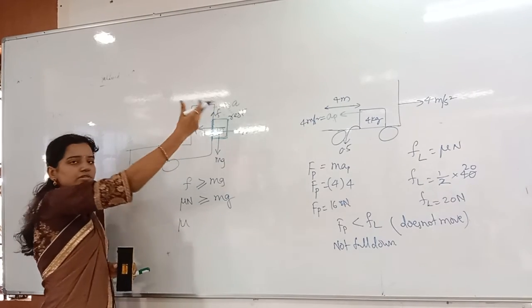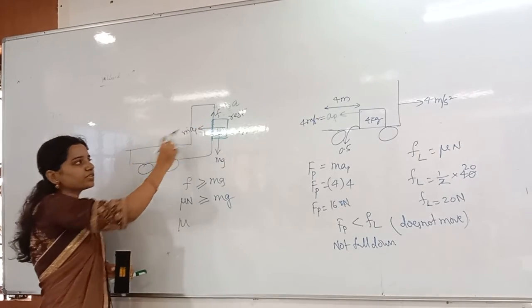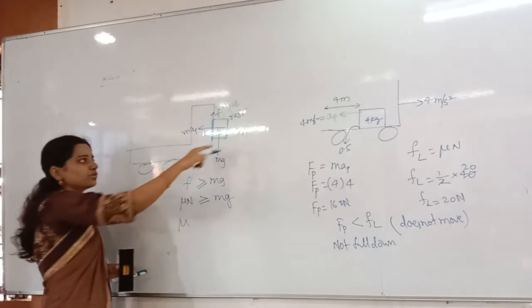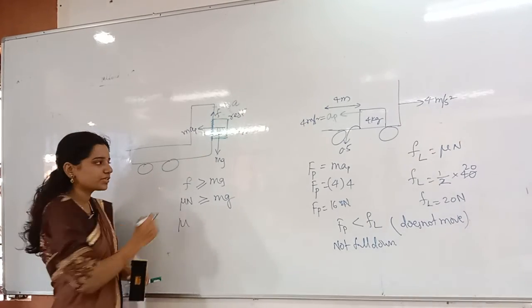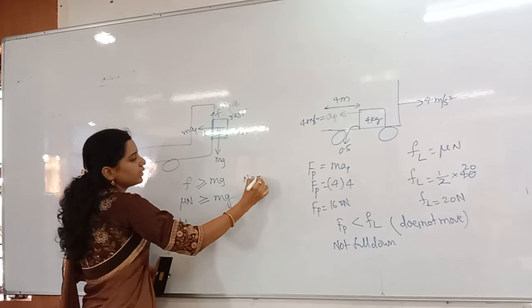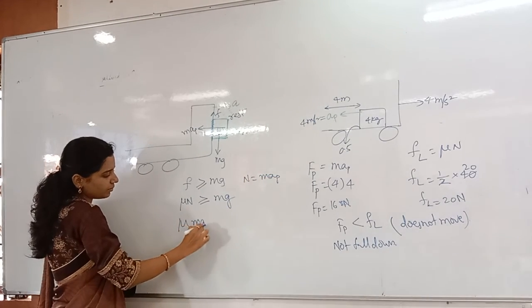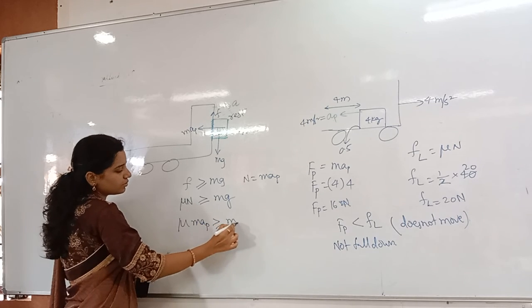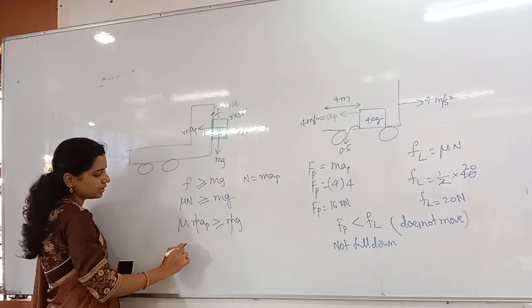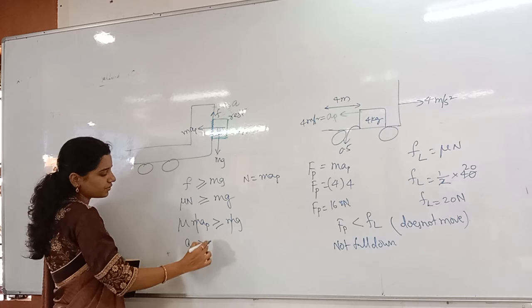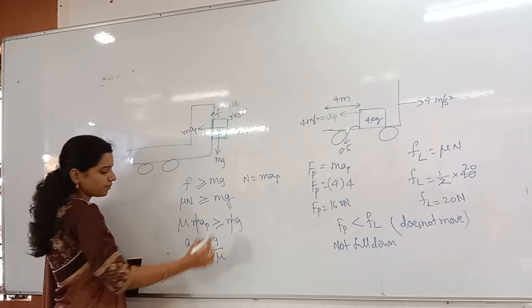And the left side force equals the right side force: left is m·ap, right is the normal reaction. So N equals m·ap. Now N equals m·ap is greater than or equal to mg, m gets cancelled, then ap is greater than or equal to g by mu.